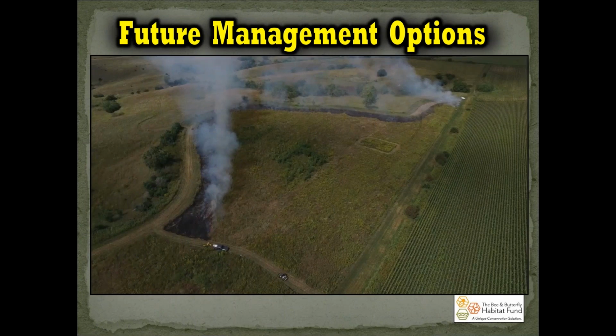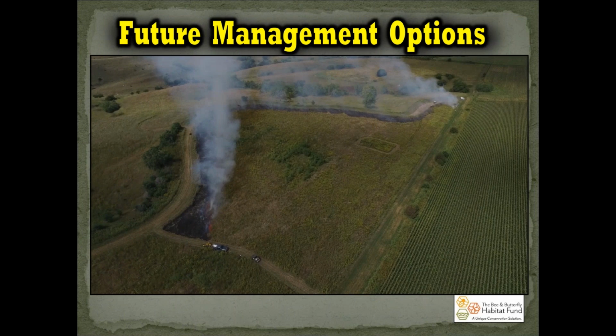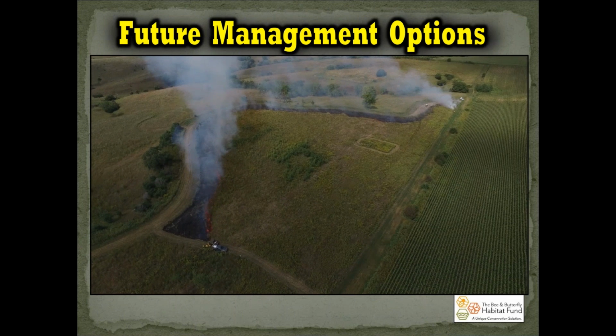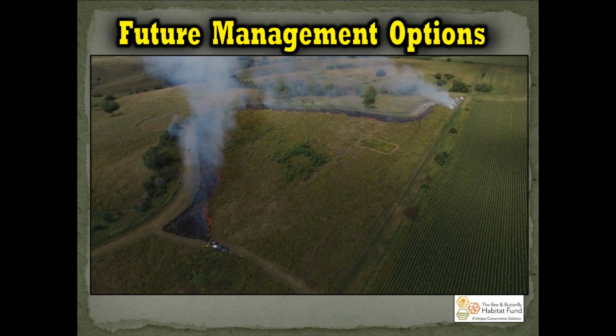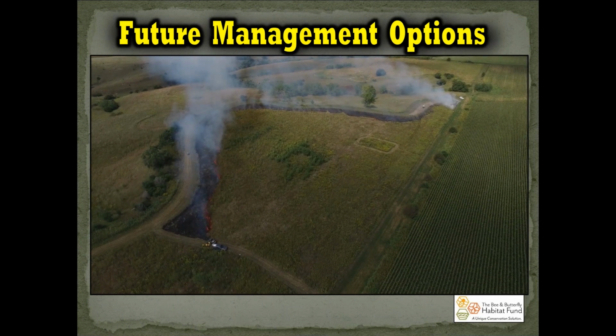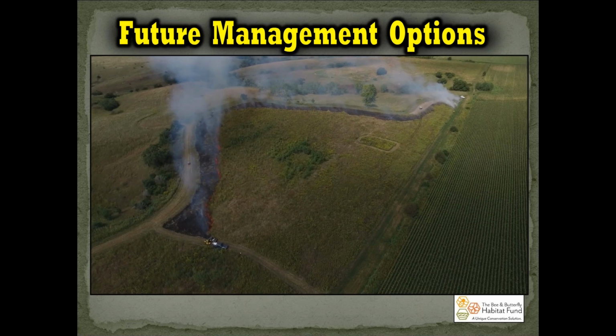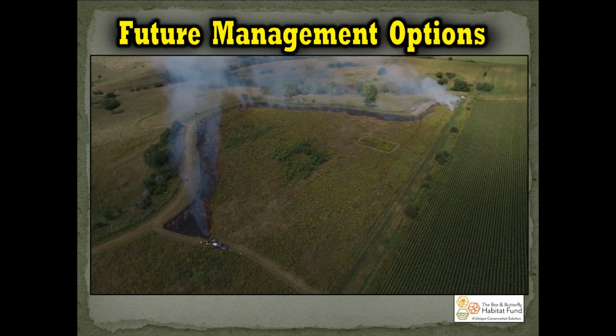Future management. There is nothing that we're ever going to do where we plant it, walk away from it, and always have great pollinator value. We have to think about future management, and future management will dictate a little bit of what plant species you're going to put in your mixture. I'm just guessing that if you're on a solar project or a highway department, prescribed fire is probably not one of your tools.